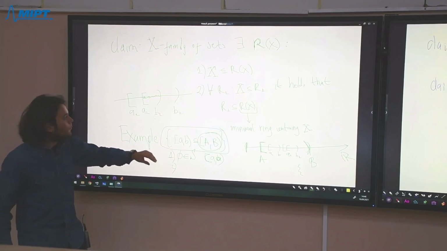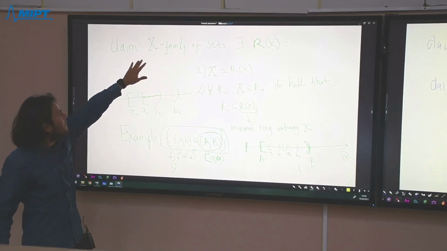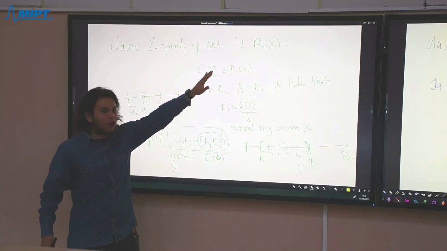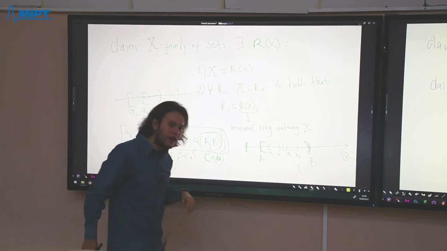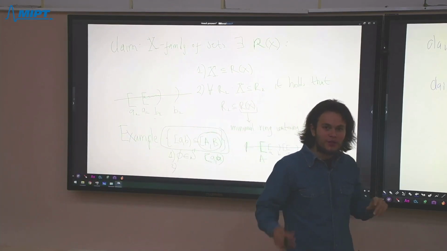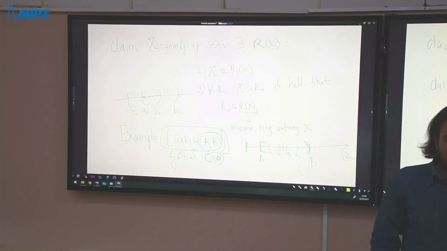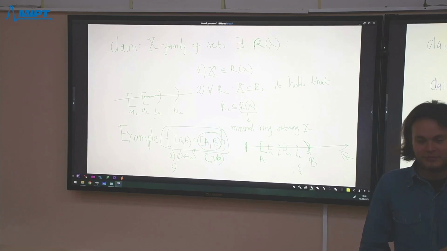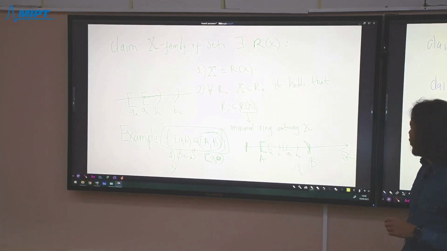Now, what do we have here? We have that X is a family of sets, for example this one. Oh, right, R of X. Yeah, I forgot that, sorry.